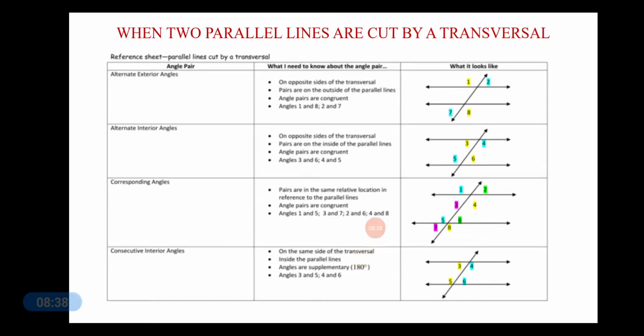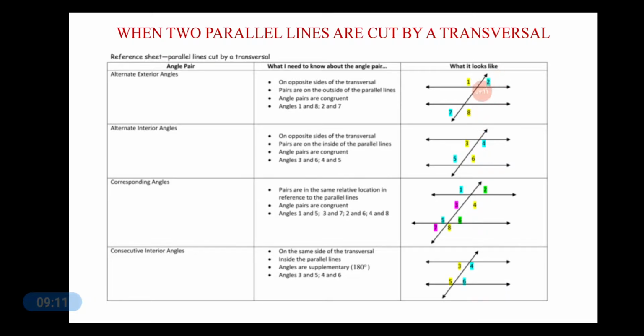See the first part. Here we will understand about the alternate exterior angles. Since these two are parallel lines and this is a transversal, you see angles 1, 2, 7 and 8. They are the exterior angles. Now, angles 1 and 8 are exterior alternate angles and these two angles are equal.